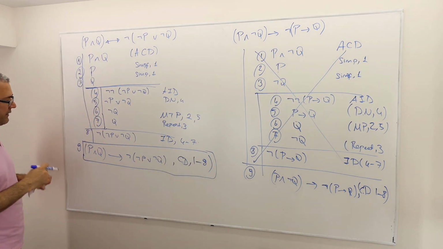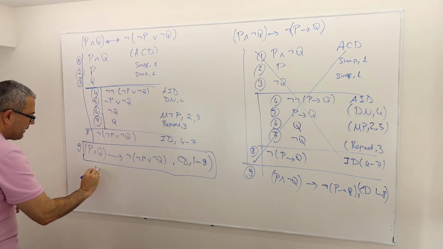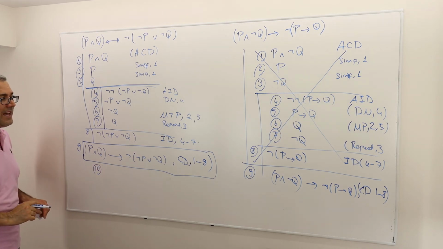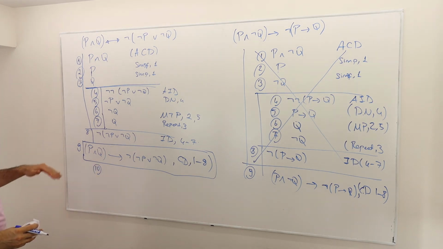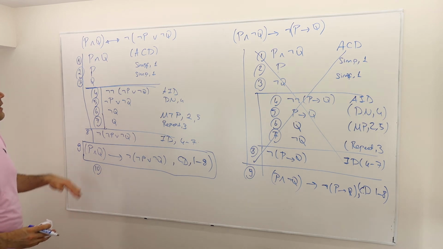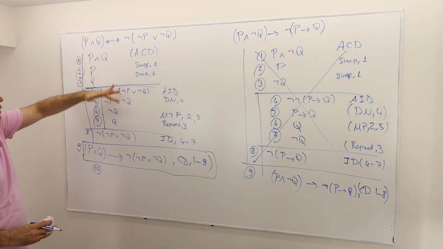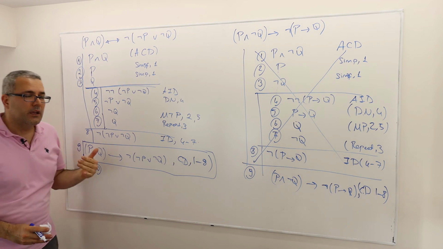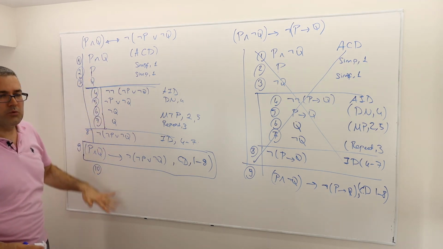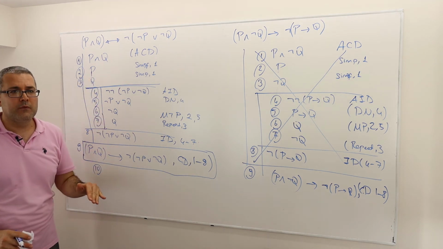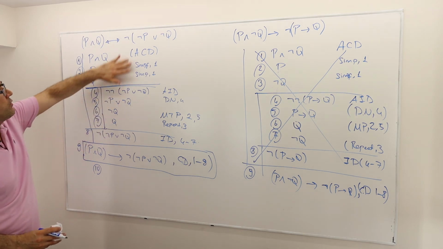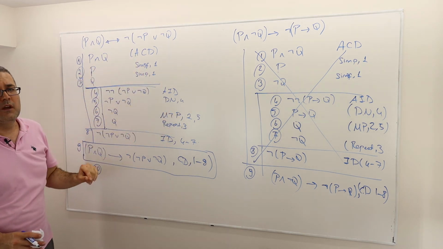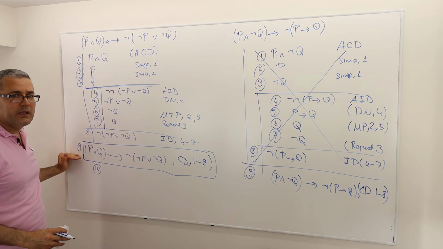Now I'm going to prove the second part, so I'm going to start at line 10. Good question: can I now, for example, use any one of those lines? Can I contradict with any one of those lines? No and no. You cannot use any of these arguments except the argument in line 9.